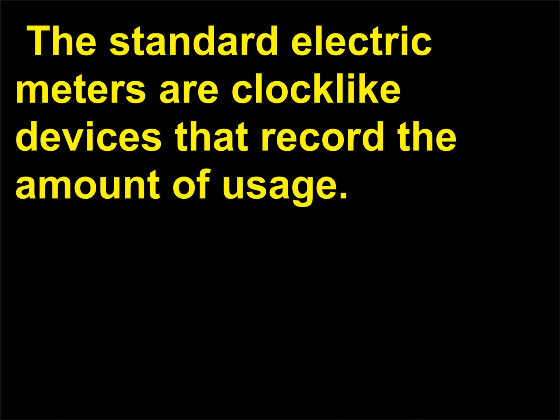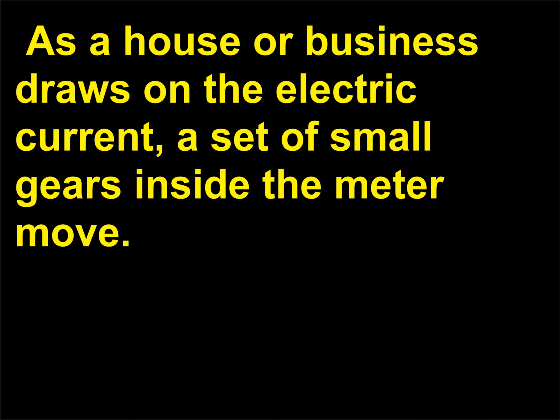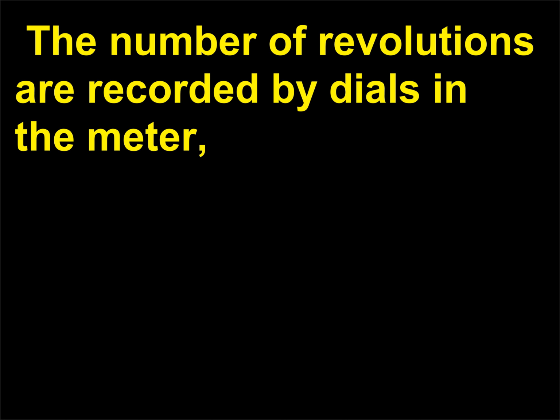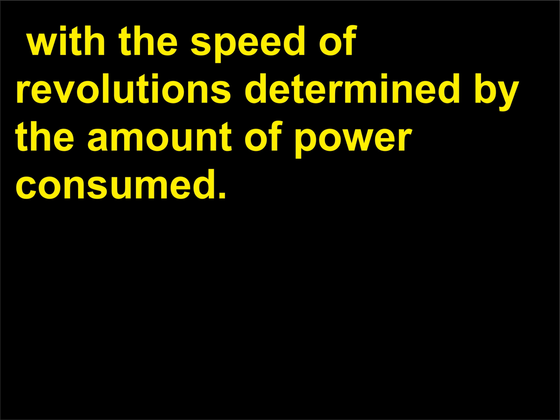The standard electric meters are clock-like devices that record the amount of usage. As a house or business draws on the electric current, a set of small gears inside the meter move. The number of revolutions are recorded by dials in the meter, with the speed of revolutions determined by the amount of power consumed.